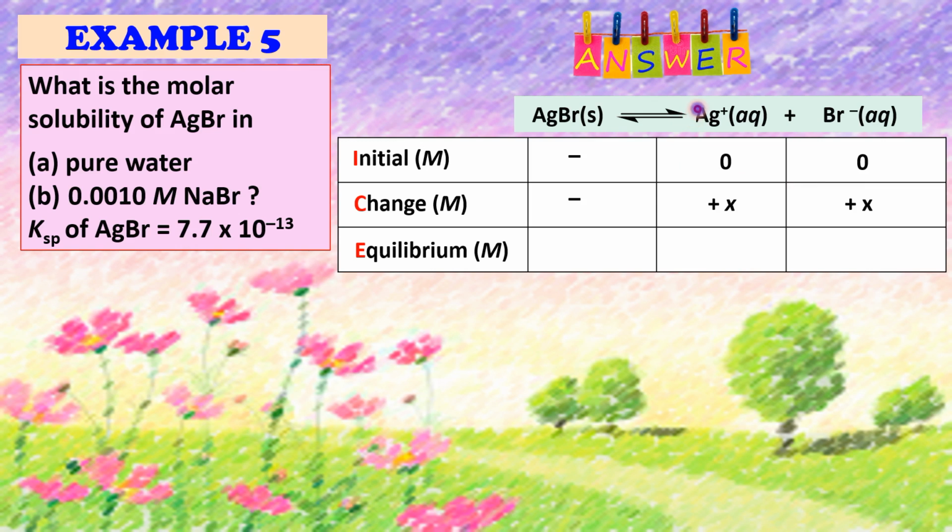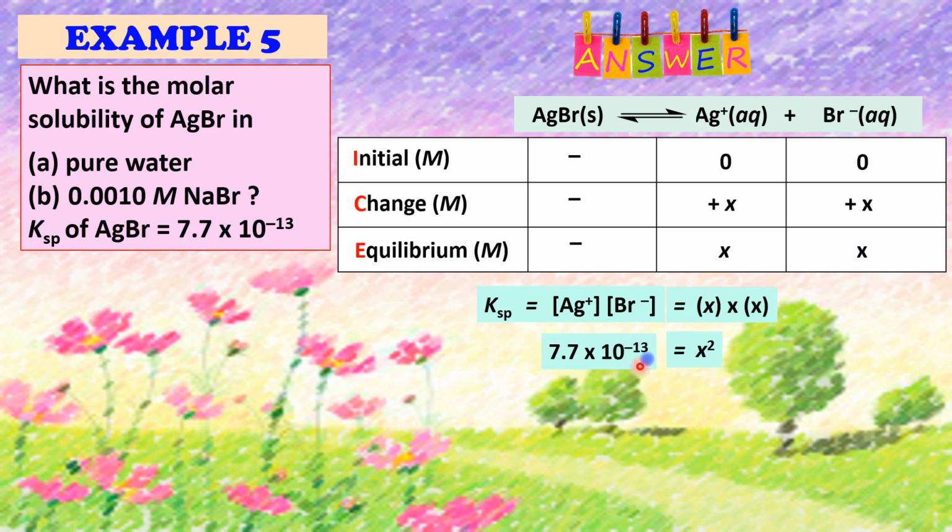Changes refer to the coefficient. Solid is not considered, so write a dash. Ag plus, the coefficient here is 1, so it increases by positive X, and the bromide ion also increases by positive X. At equilibrium, the concentration of Ag plus is X, and the concentration of Br minus ion is also X. Write the KSP expression and substitute the concentrations at equilibrium and the KSP.